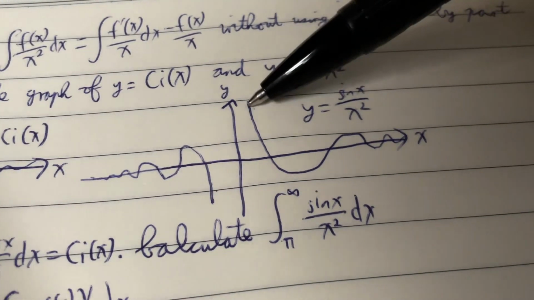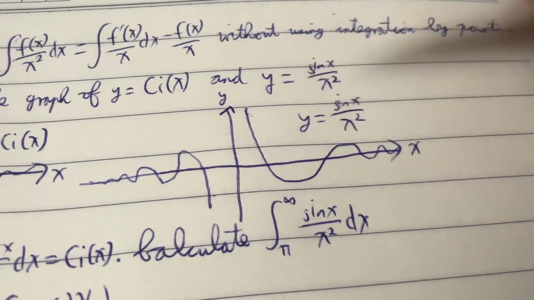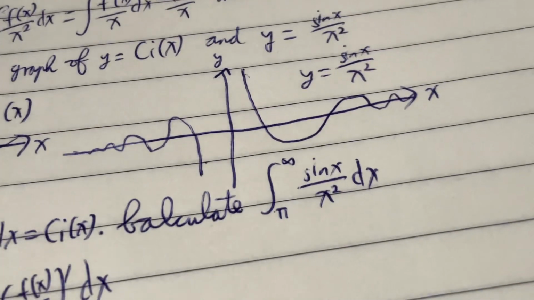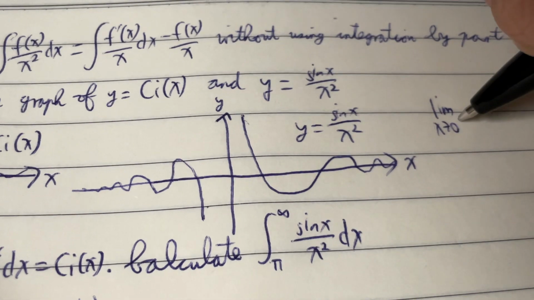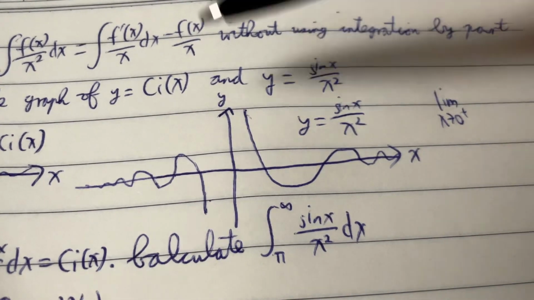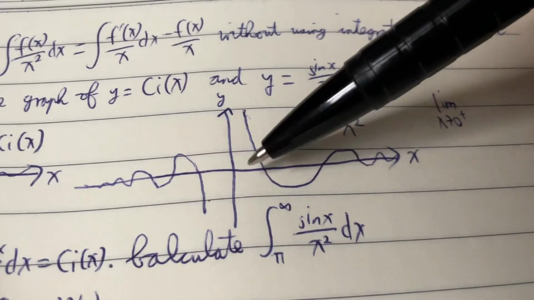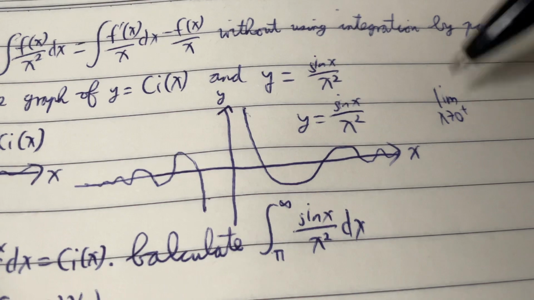This is not the main point of this video, but I'm still going to talk about it. The limit as x approaches 0 plus, where 0 plus is a positive number really close to 0, a bigger number than 0.